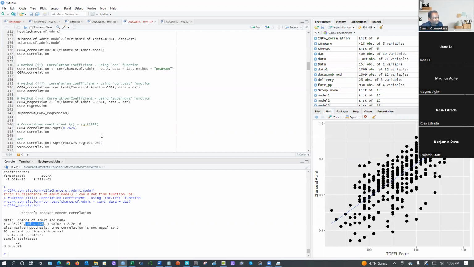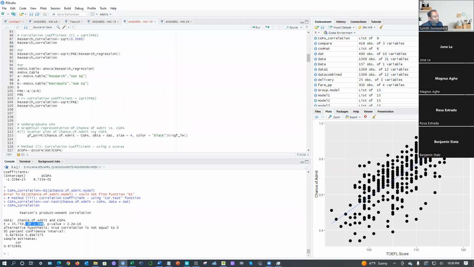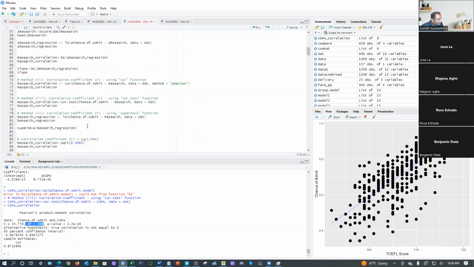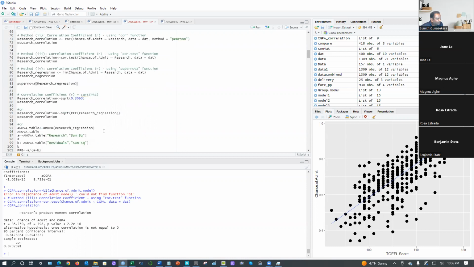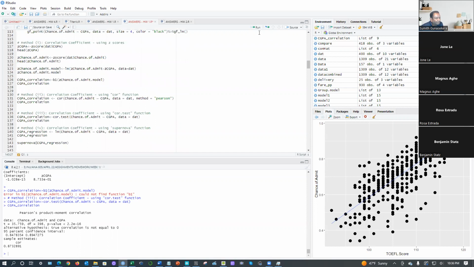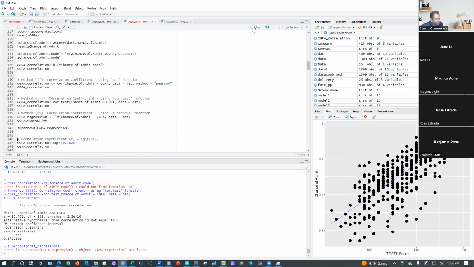It's nothing but, if you go ahead and run supernova here for any of these, let's say, sorry, we are in GPA. I'm going to run supernova. GPA not found.